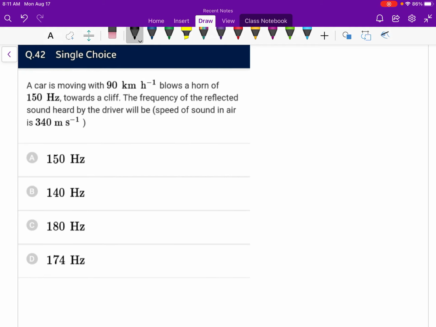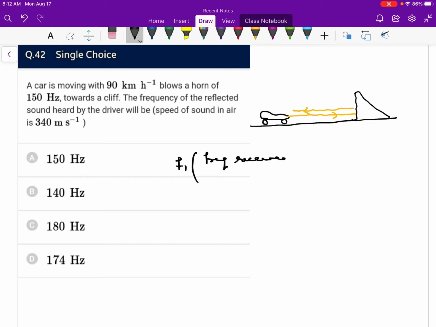Now next, a car is moving with 90 km per hour, blows a horn of this. So the car is moving with 90 km per hour and the sound is reflected by a cliff. So sound is moving towards the cliff and then getting reflected. So frequency F1, the frequency received by the cliff, is F (V plus V) upon (V minus Vc).